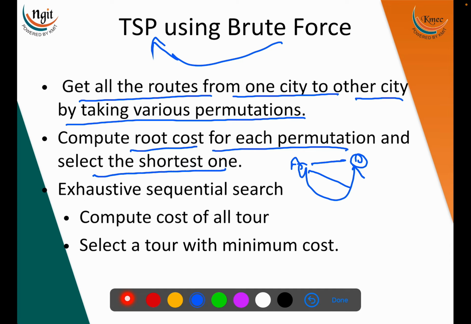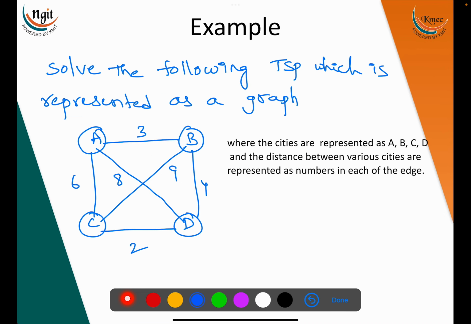Basically we do this with an exhaustive sequential search: we compute the cost of all the tours and select the tour which has the minimum cost. Now we'll take an example and solve the traveling salesperson problem.